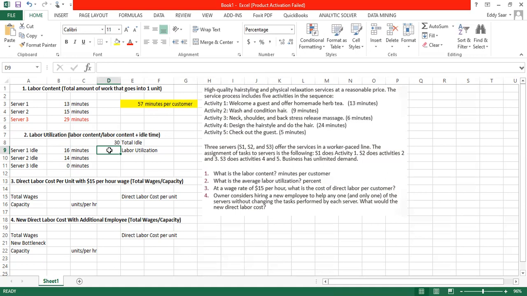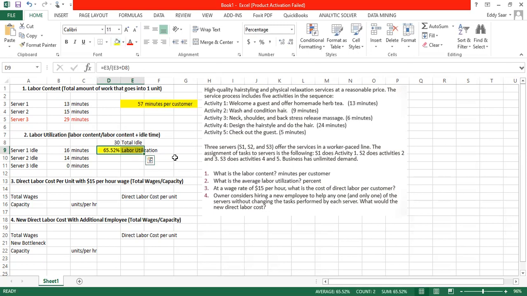Now for labor utilization, we just do the labor content divided by the labor content again plus your total idle time. That gets us 65.5% labor utilization.